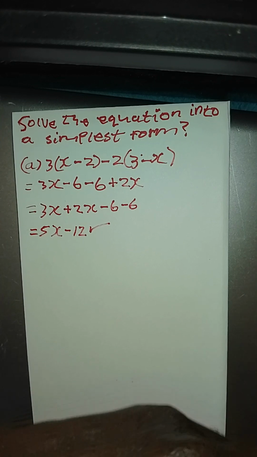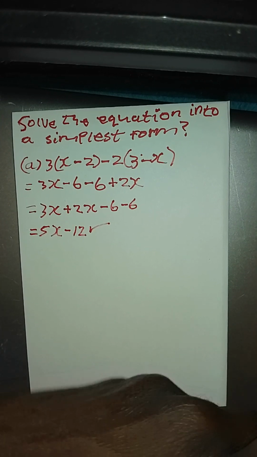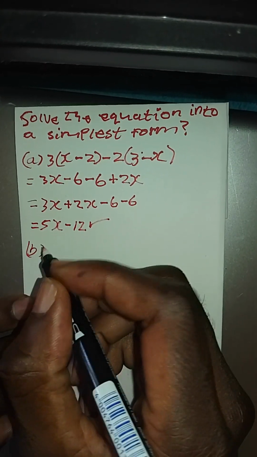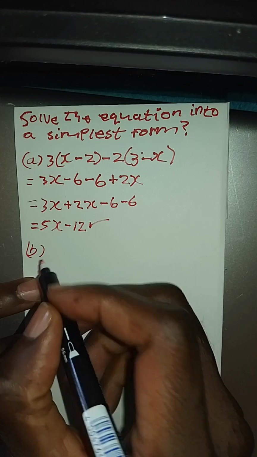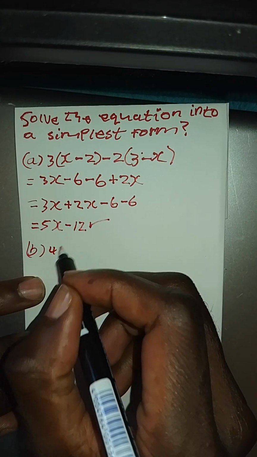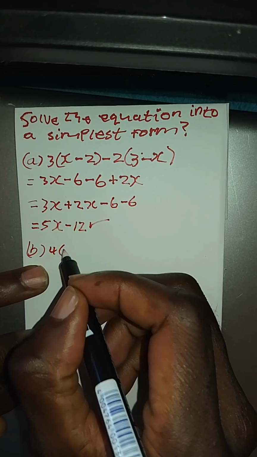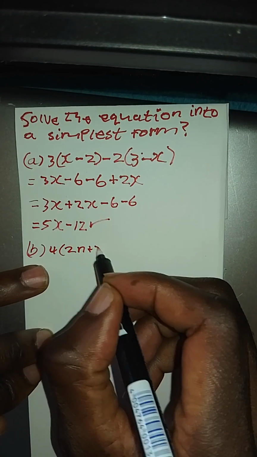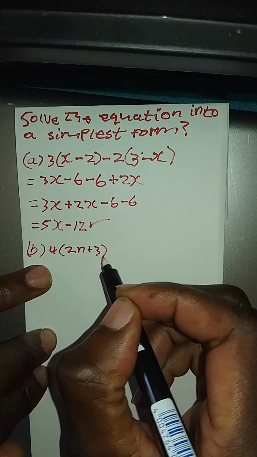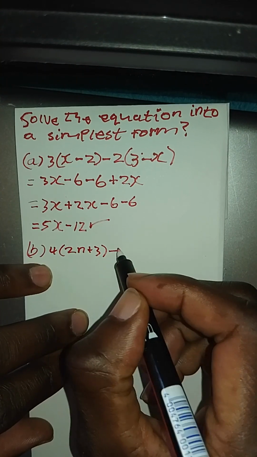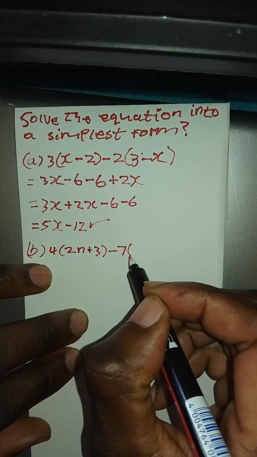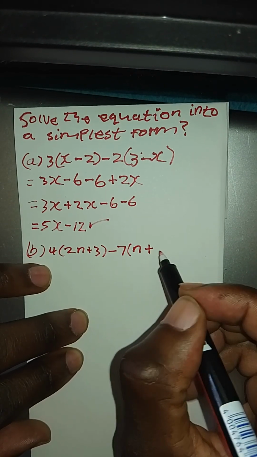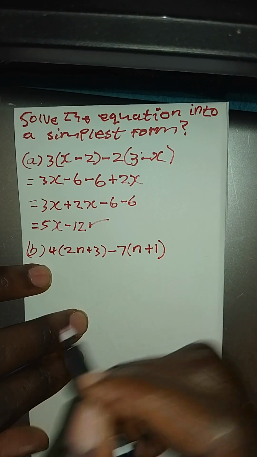Let's forge ahead. Example B. We've got 4 open bracket 2n plus 3 close the bracket, negative 7 open bracket n plus 1 close the bracket.